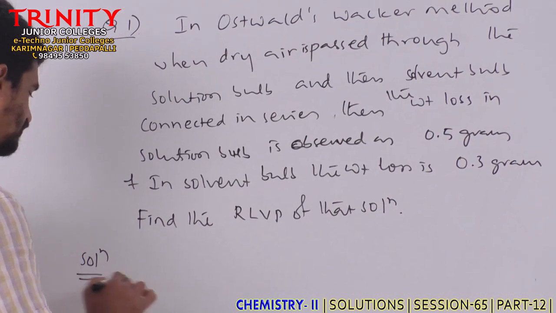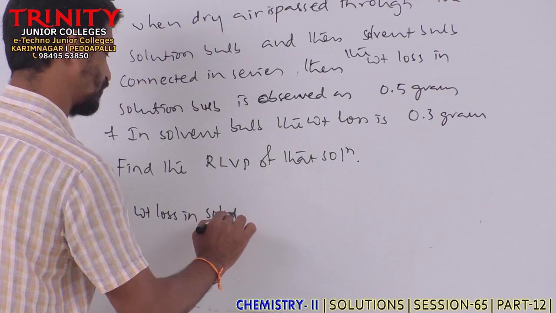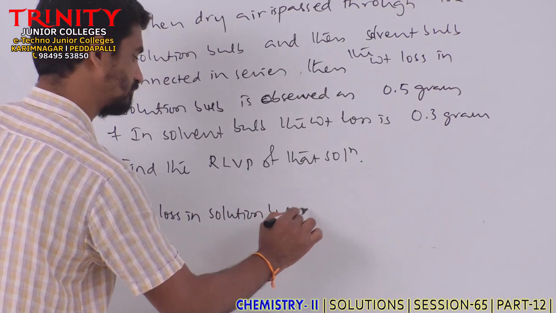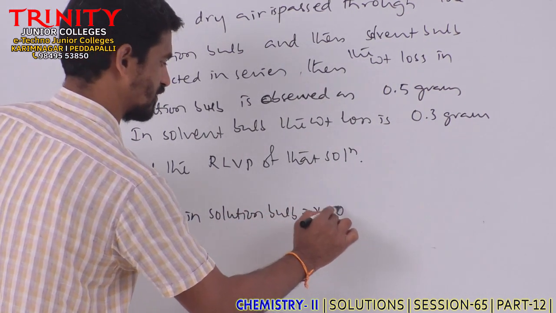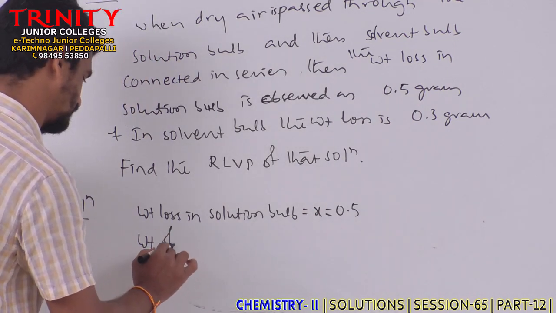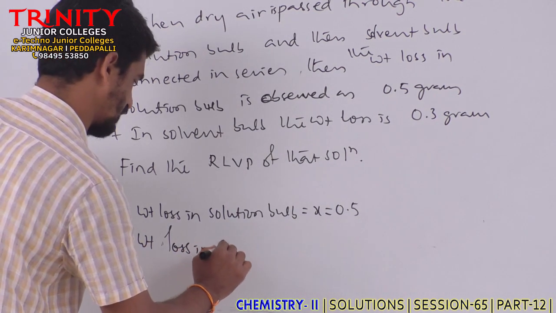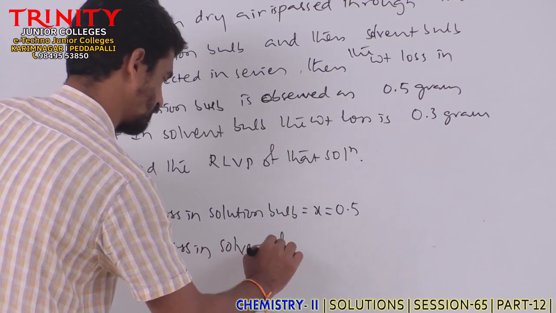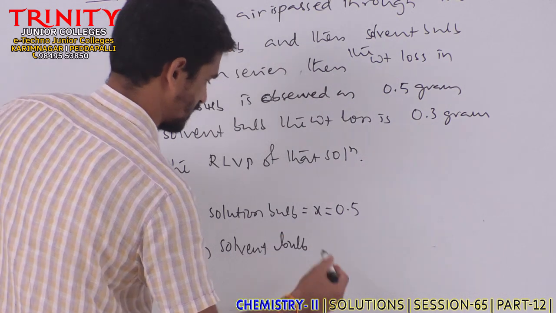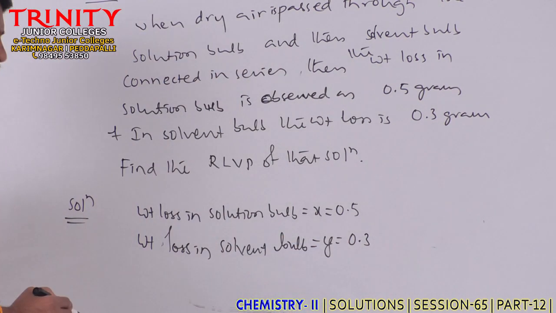Now how we can solve this one: weight loss in solution bulb, that is X equals 0.5, and weight loss in solvent bulb, that is Y, equals 0.3 grams.